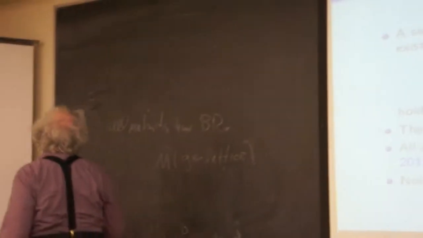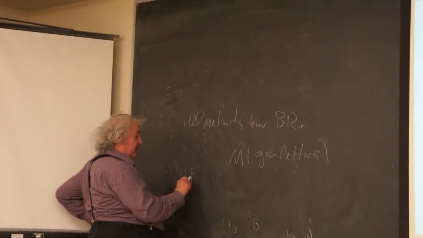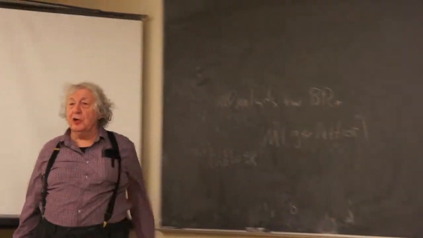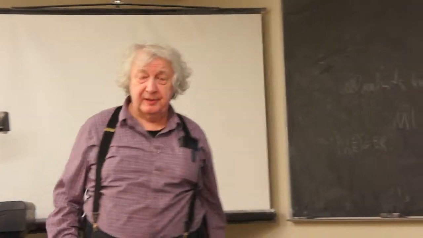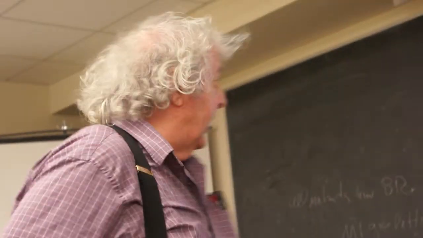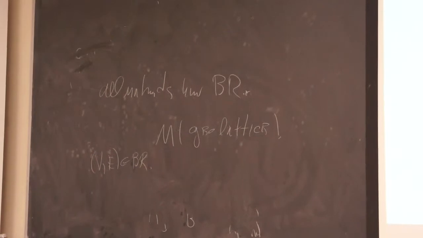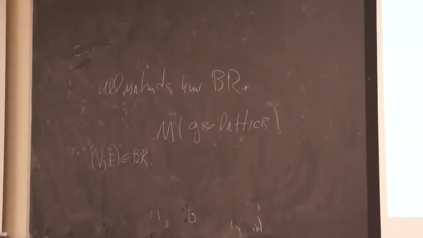If you have a VE that's Boolean representable, okay, then you can look at all the Boolean representations. And even if it's a matroid, you just restrict a matroid. So if you look at the set of all representations, we're going to look at all the matrices that represent this simplicial complex.